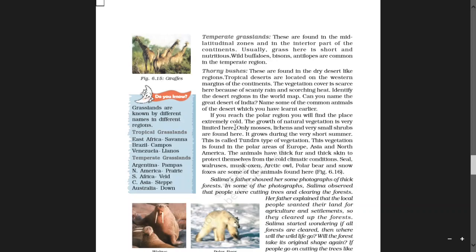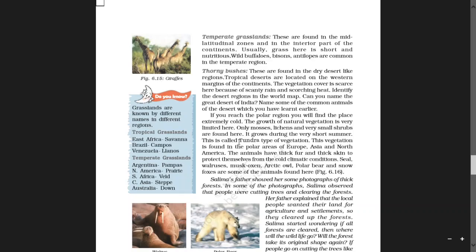Only mosses, lichens, and very small shrubs are found there. They grow during the very short summer of this polar region.